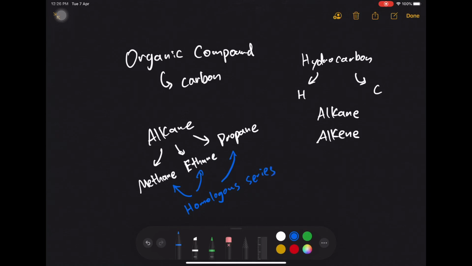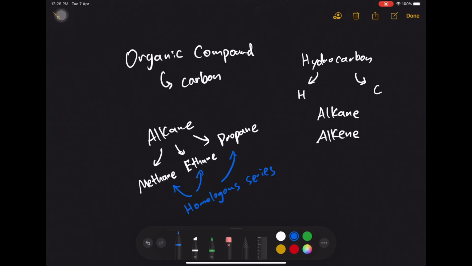So homologous series is just different names, but they are under the same family, the same type of compound, the same type of molecules. That is why they show similar chemical properties due to their functional group.